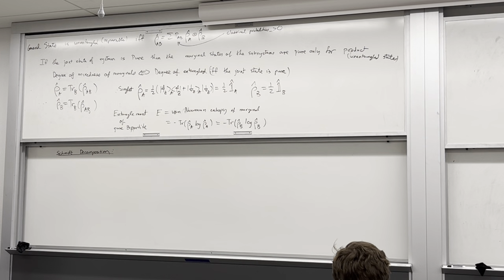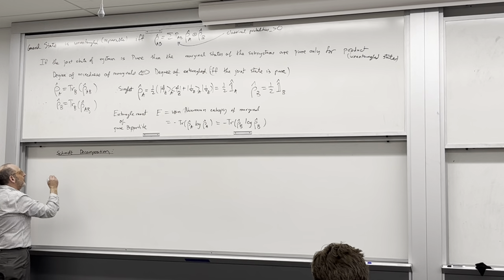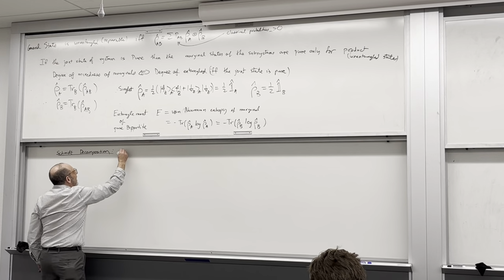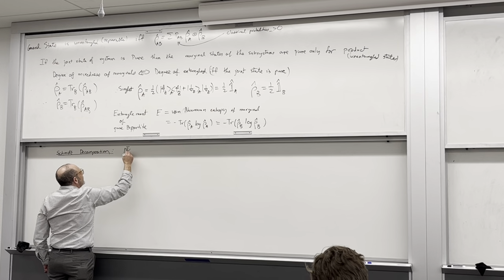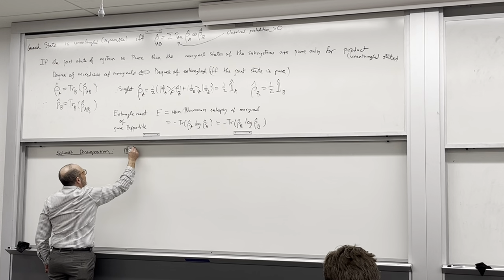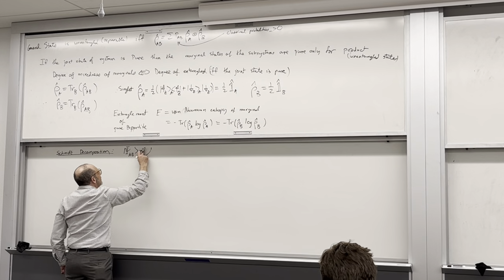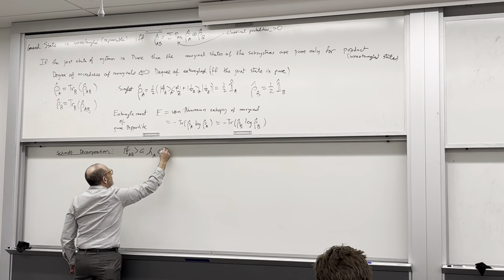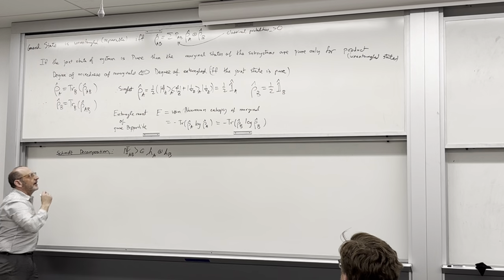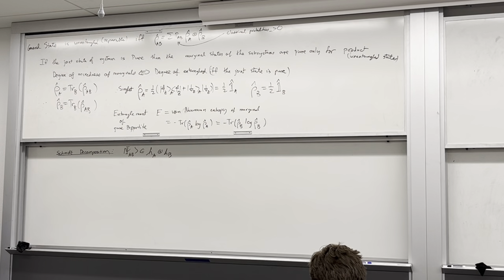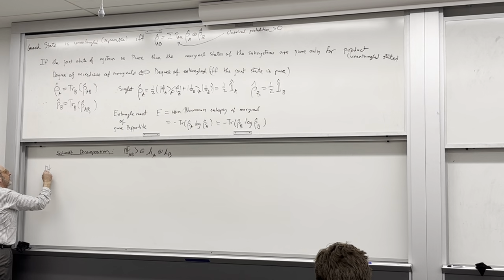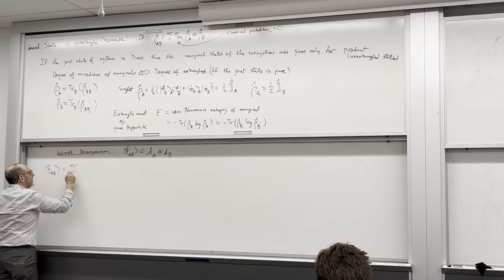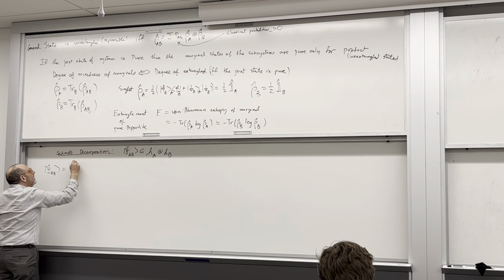In the Schmidt decomposition, what we wrote is that if I have a pure state in the joint Hilbert space of a tensor product Hilbert space, then this state can be written in the following way.